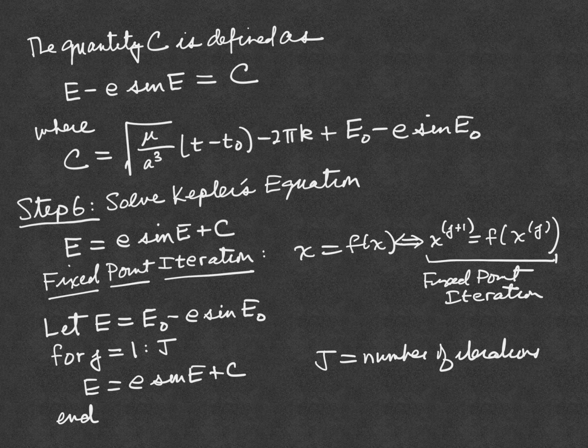Now, the number of iterations can be a little complicated because it depends on the value of e, e being the eccentricity. And so we're actually going to come up with a little formula here for how to determine the value of J. So the value of J, this capital J now, is determined as follows.